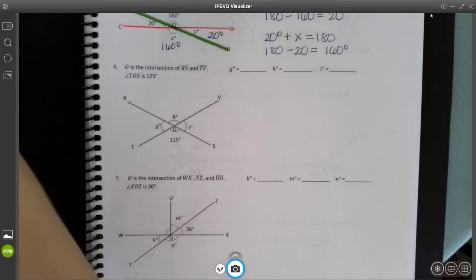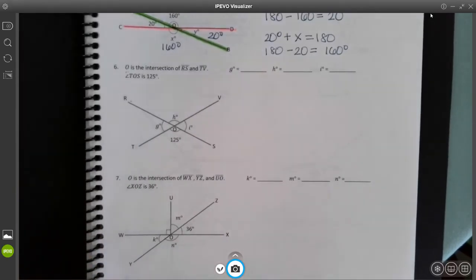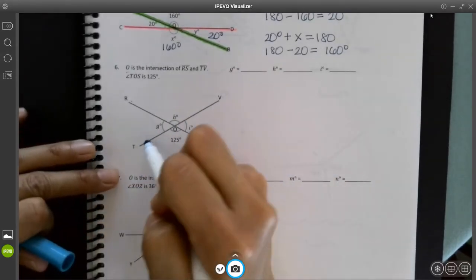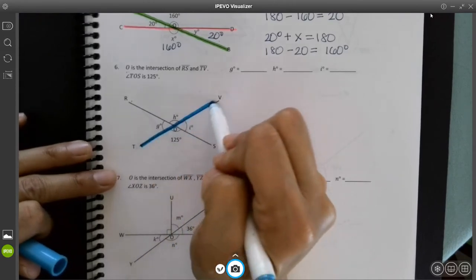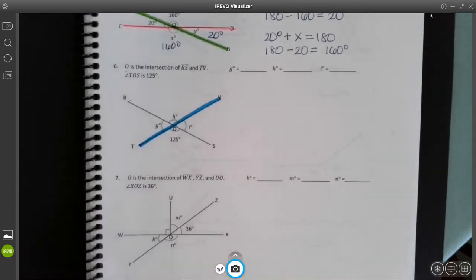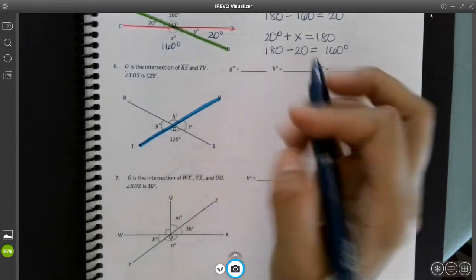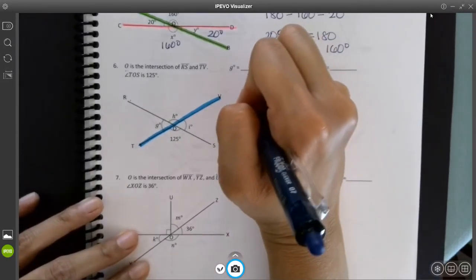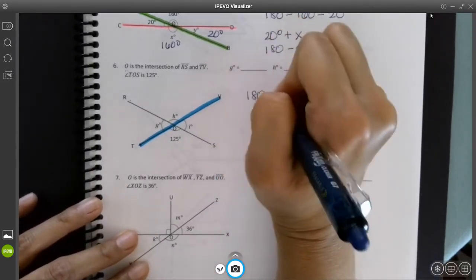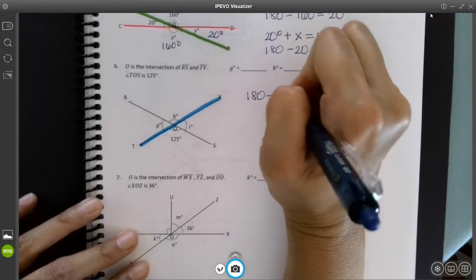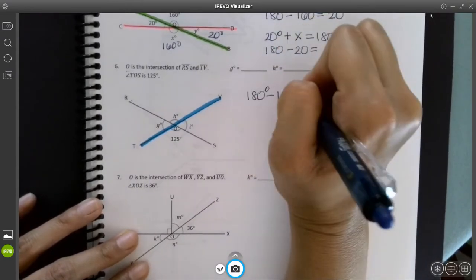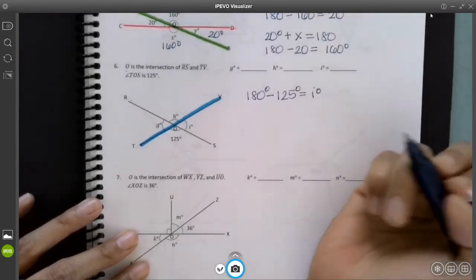So let's use some different colors here. Let's figure out I first. So we know that this blue line is 180. So I'm going to go ahead and skip to 180 minus 125 equals I degrees. So we're looking for I degrees.